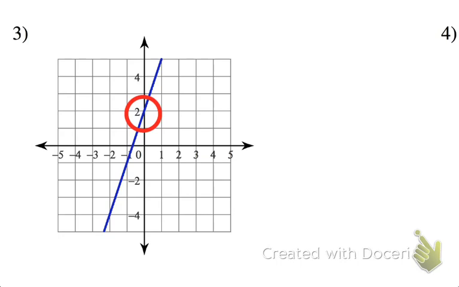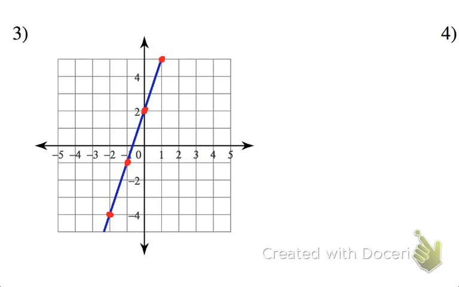Should be pretty easy. There's a number sitting right by it. Then you need to find a slope. To find a slope, you need to find some distinct points on that line that you could actually give x and y coordinates of. So I'll go ahead and identify some of them for you. Doesn't matter which ones you pick, so long as you pick 2 points and find a slope.